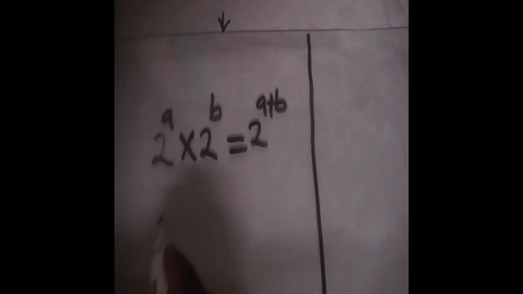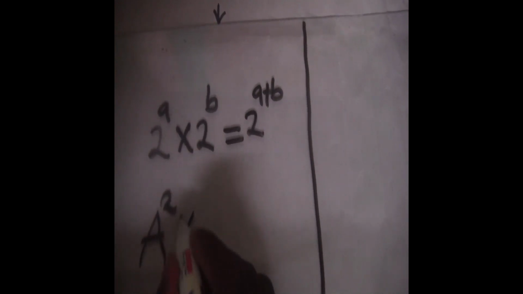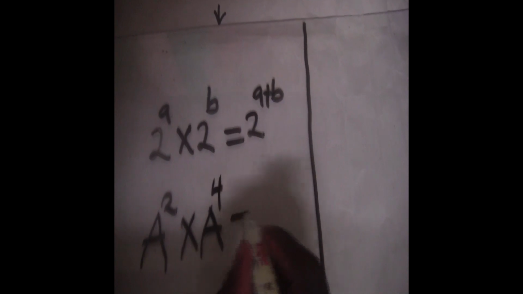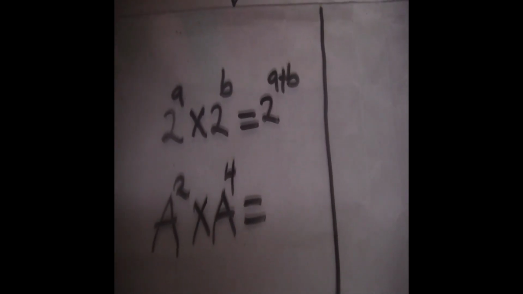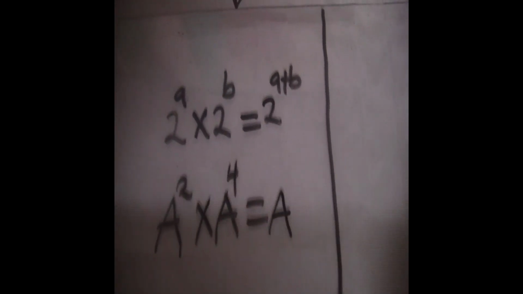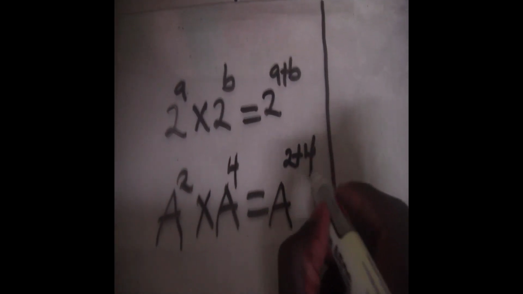For example, when you're given a raised to power 2 times a raised to power 4, the base remains the same. For our case, the base is a, and then you add the indices, which is 2 plus 4.